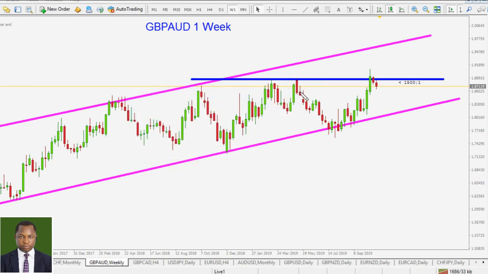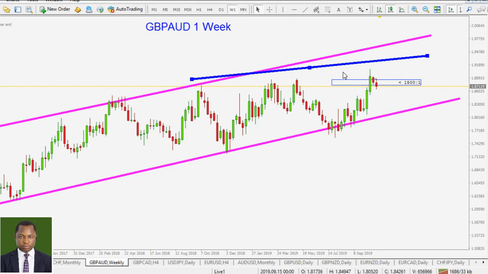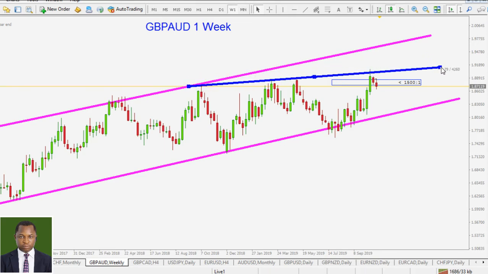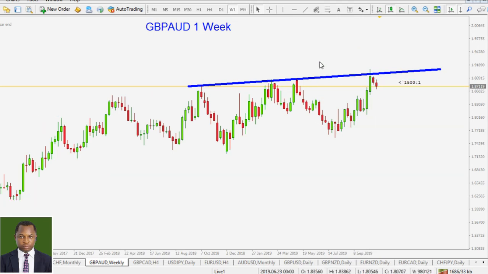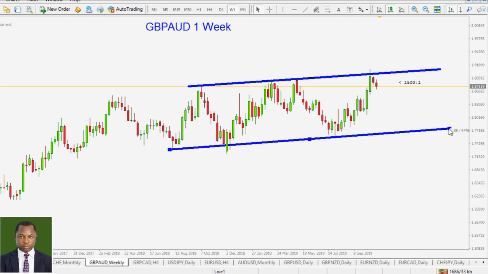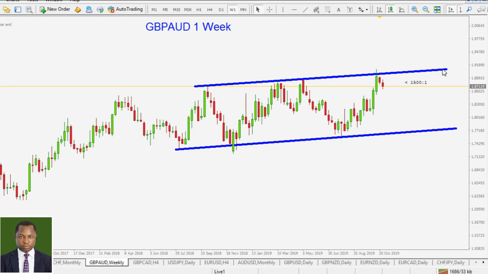You can see how price was actually respecting that area. I am thinking that we may have also had that channel. Let me just take all of this out so you can get a clearer picture. We may have also had this channel type of price behavior.